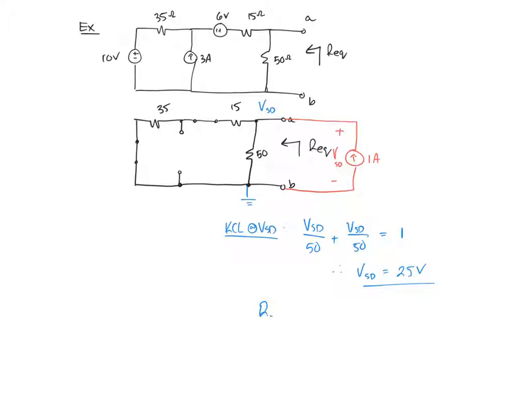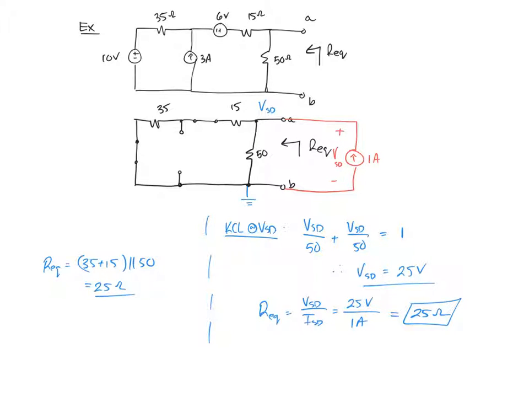Finally, the equivalent resistance is going to be given as VSD over ISD, which is 25 volts over 1 amp, which equals 25 ohms. Again, just recall that by using equivalent resistance, we could have found that by inspection immediately by saying 35 plus 15 in parallel with 50.